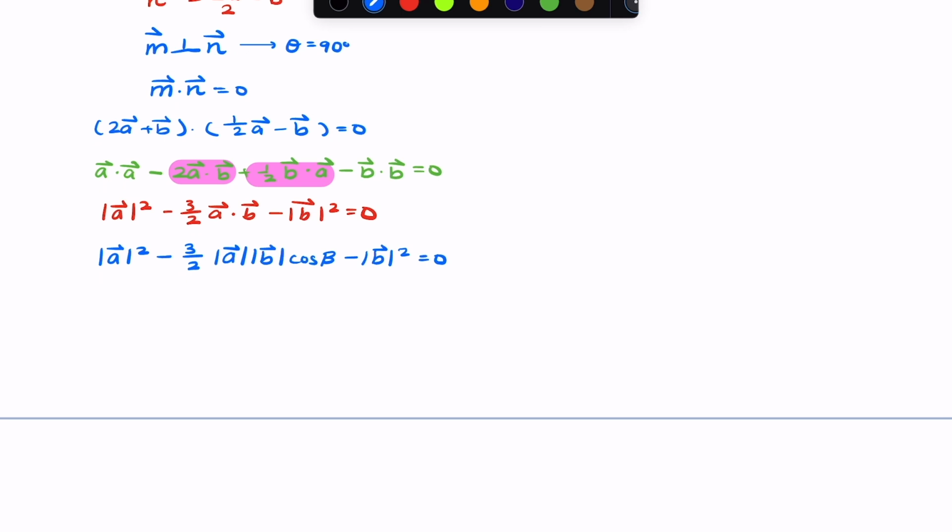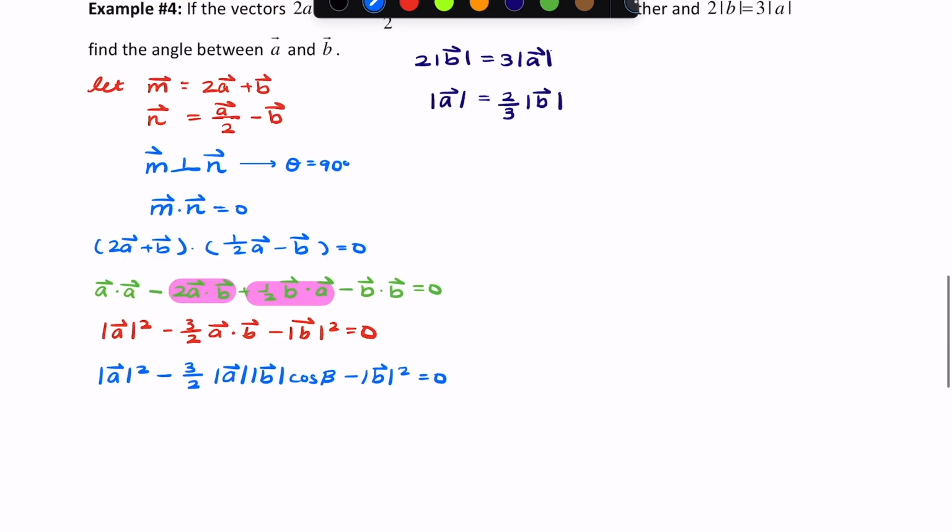And so here we again know that we can sub back in our vector A, which is equal to 2 over 3 vector B. So let's sub that in.